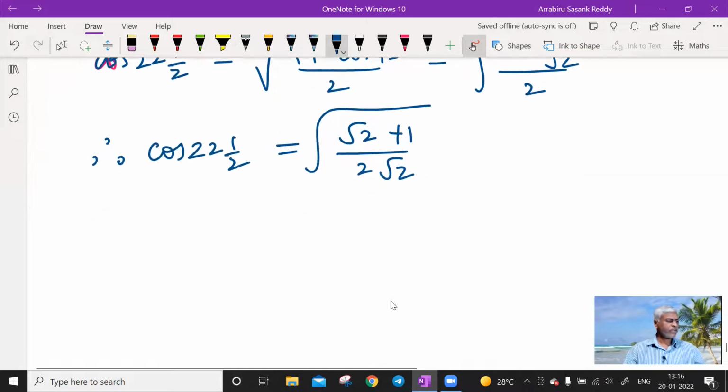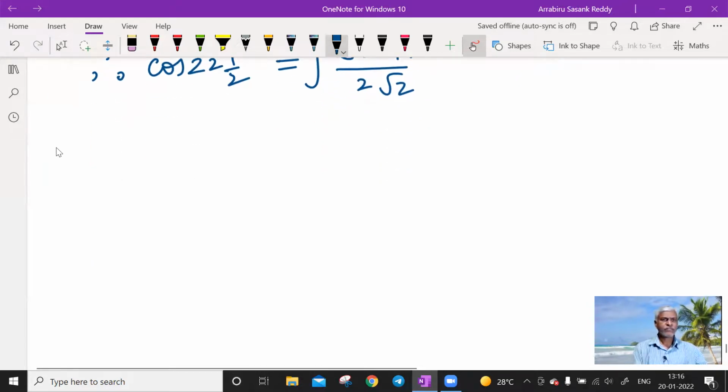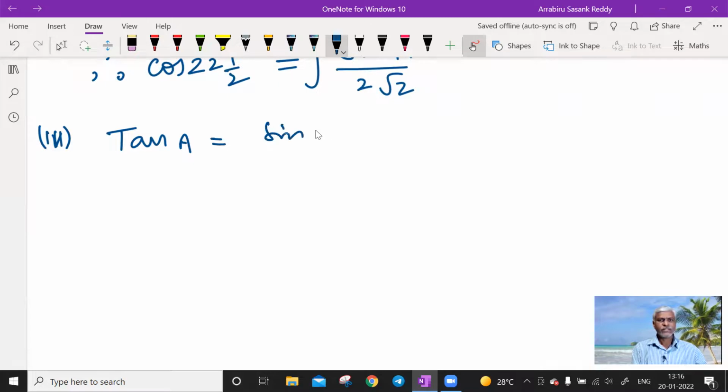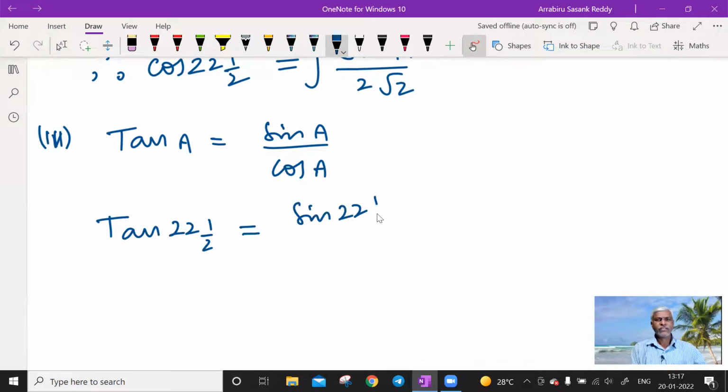Now, tan 22 and a half. So tan A is equal to sin A by cos A. So tan 22 and a half is equal to sin 22 and a half by cos 22 and a half.